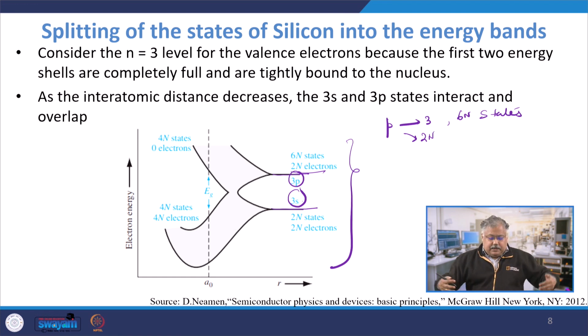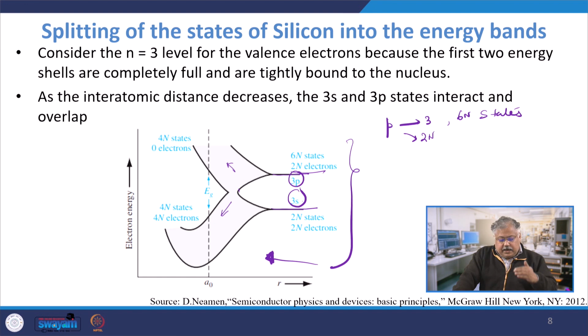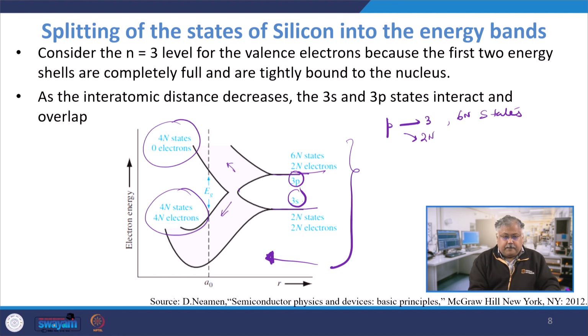Now you start bringing them closer and closer, which implies that I am bringing it to the left hand side. Somewhere down the line, when your R value goes down, you see these energy bands start to split. And how do they split? They split in a fashion such that an equal number of states are visible at the top and bottom. So there are 4n states available here, and there are 4n states available here.